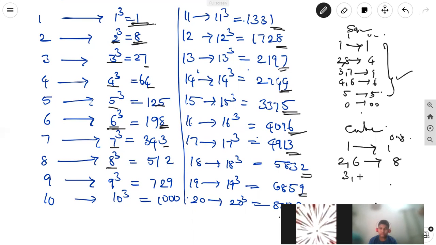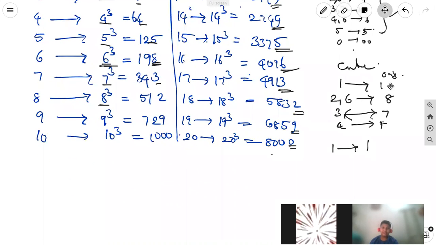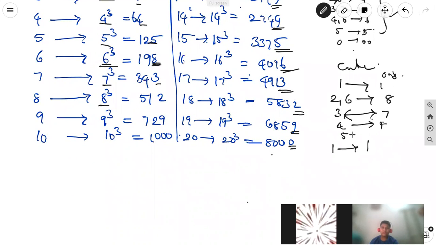For 3, 7 will come. For 7, 3 will come. For 4, 4 only. For 5, 5 only. Six is already done. For 7, we get 3 in the units place of the cube.